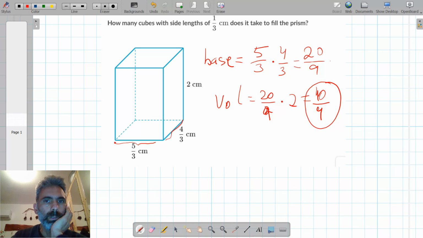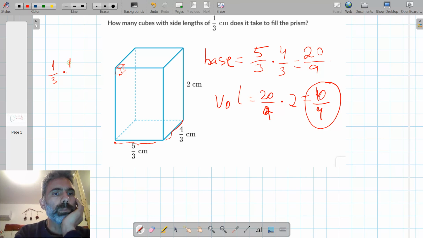Okay, and if we have little cubes with side length of 1/3 centimeters, the volume of each little cube is 1/3 times 1/3 times 1/3.